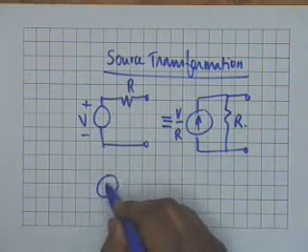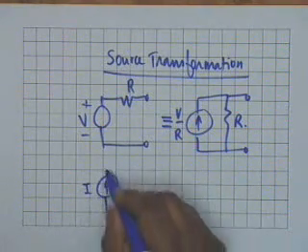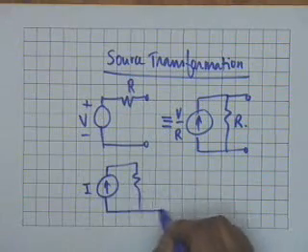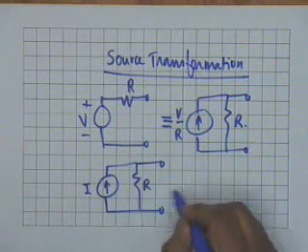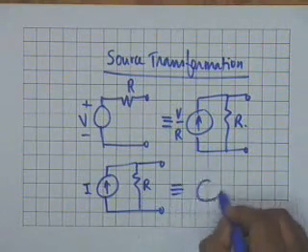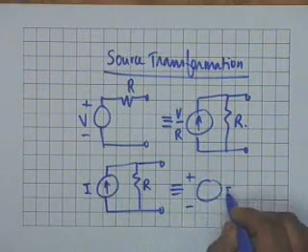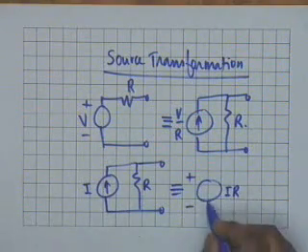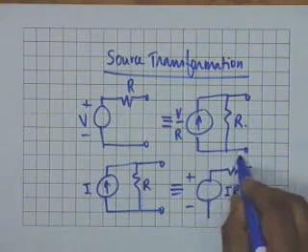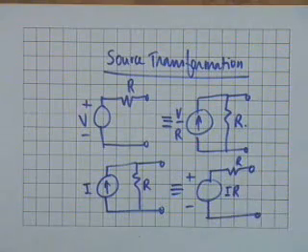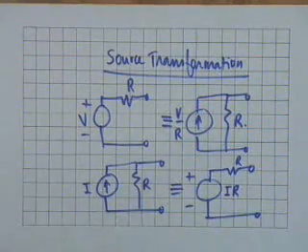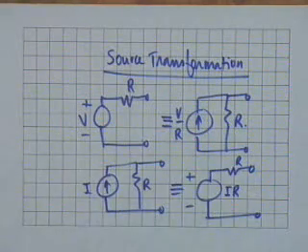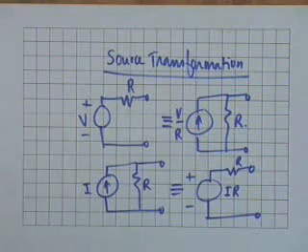On the other hand, if I have a current source I in parallel with a resistance R, then this is equivalent to a voltage source whose value is IR in series with a resistance R. These two constitute what is known as source transformation, and on many occasions, source transformations are sufficient to solve a network.